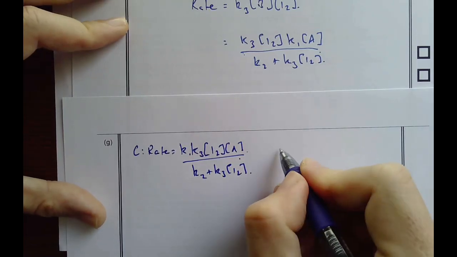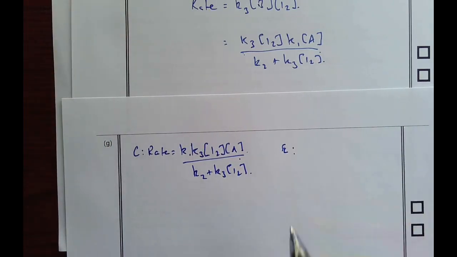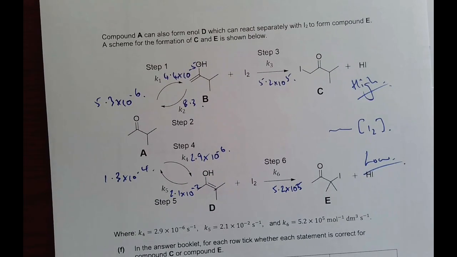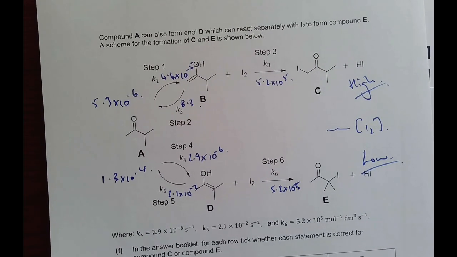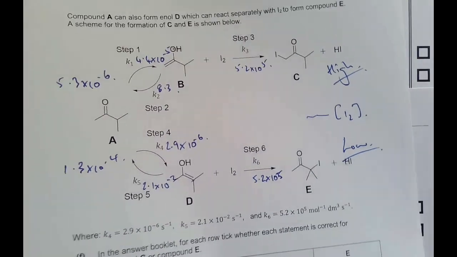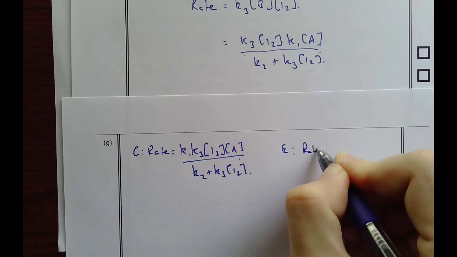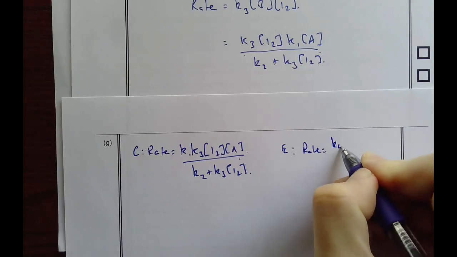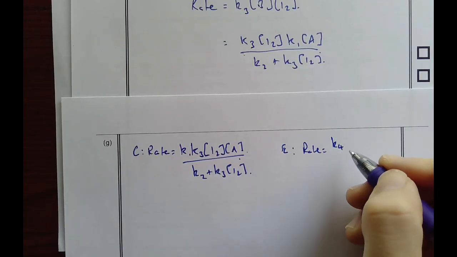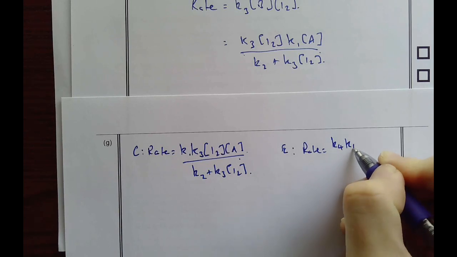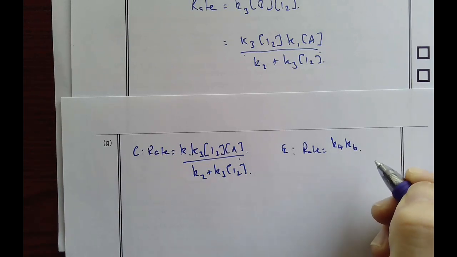All right, now I can write the same thing, but for E. Okay, so it's just going to be the same thing. But now, instead of K1, K2, K3, I've got K4, K5, K6. So K1 I'm going to replace with K4. K3 gets replaced with K6.